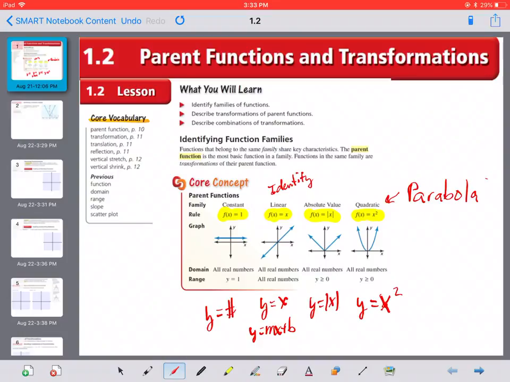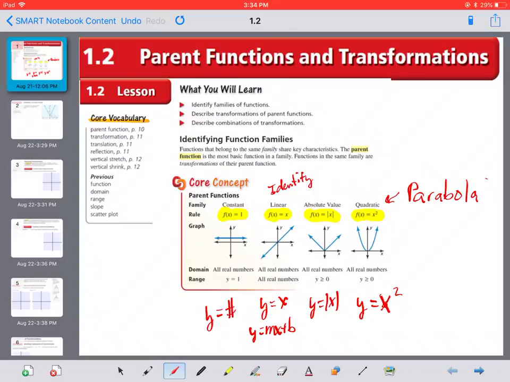But the range is different. As you come in from negative infinity and get closer to 0, once you hit 0, 0, it bounces and goes right back up. So you can't ever go below y is 0. The range is y greater than or equal to 0. We can't have negative numbers.